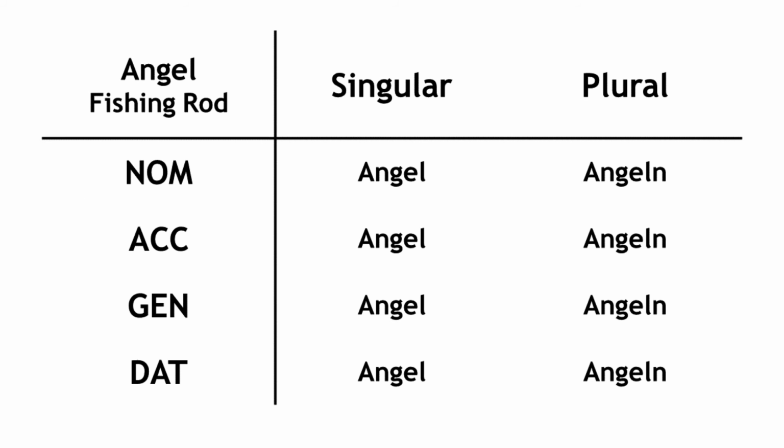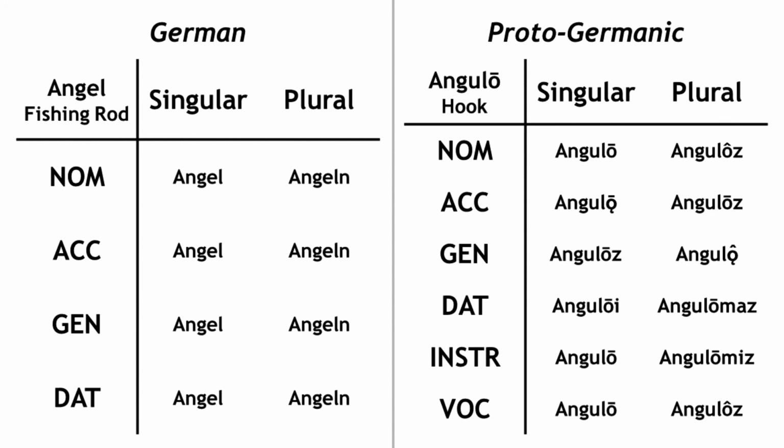Now if we look at a German noun, we see a far higher degree of syncretism. In the example on screen, all distinction between the cases has been lost, and speakers will rely on agreement with other elements to distinguish meaning. If we look at Proto-Germanic, the ancestor of German spoken over 2,000 years ago, we see that most of the original forms were distinct.